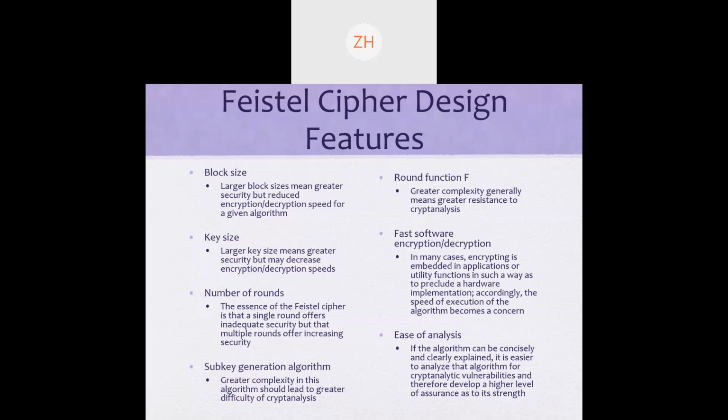Today's class is theory. It is theory because we cannot trace it. We cannot trace it because in real cryptography algorithms, the block size is very large and the key size is very large.